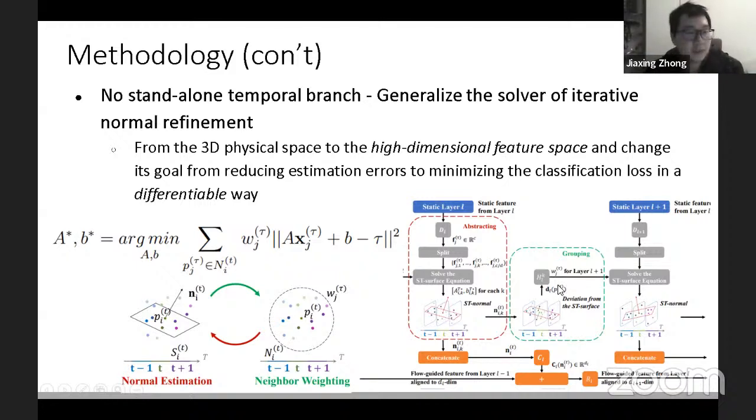And by doing this, our model can be built based on this repeated process, by abstracting and grouping. In the next layer, we do the same things, accepting the grouping results from the last layer. We do the abstracting and then feed the result to do the grouping for the next layer.